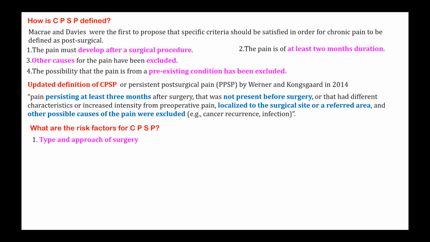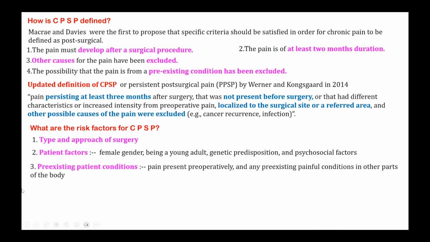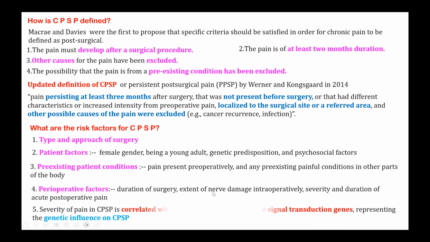And the risk factors: type and approach of surgery; patient factors like female gender, being a young adult, genetic predisposition, and psychosocial factors; pre-existing patient conditions like pain present preoperatively or any persisting painful conditions; and perioperative factors, like the longer the duration of surgery and the extent of nerve damage intraoperatively, all can contribute to CPSP.